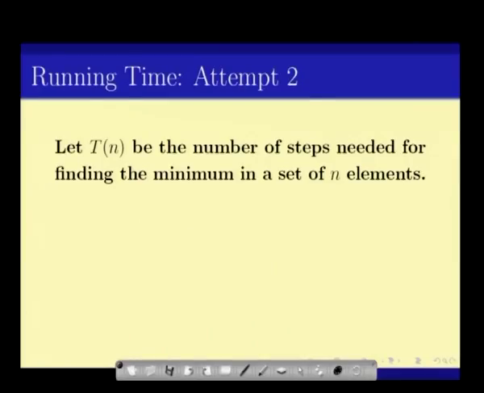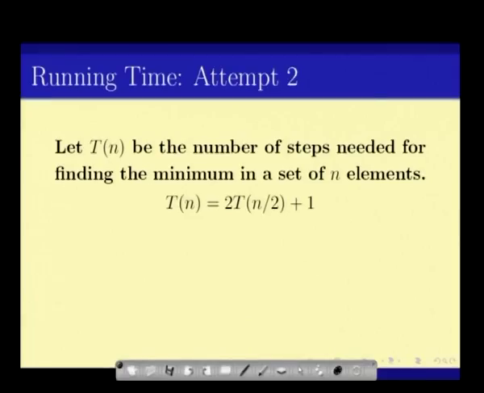So, the idea is basically to define T(n) to be the number of steps required for finding the minimum in a set of n elements, or in general the number of steps required to solve that problem. And now, since we have split the whole problem into smaller problems, we can use that set of recursive calls to obtain a recurrence relation on T(n).